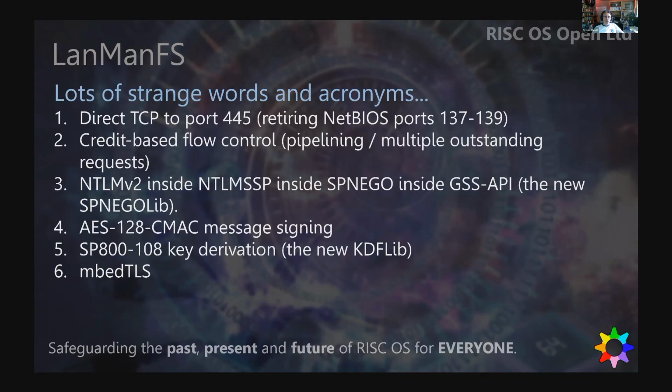So lots of old code has been thrown in the bin, never to be seen again. Lots of horrible security holes have been removed, and lots of extremely complicated protocol has been added to LanMan. And the question now is, how does that get into people's hands, and what is the status of the project?